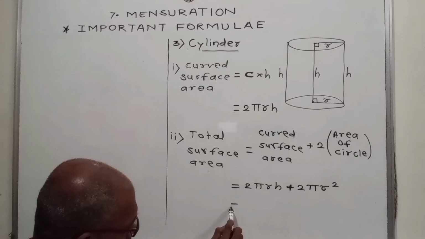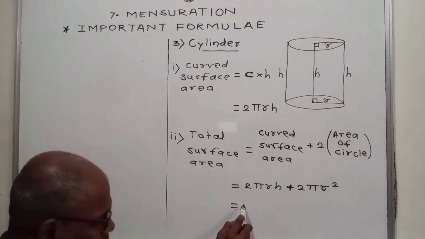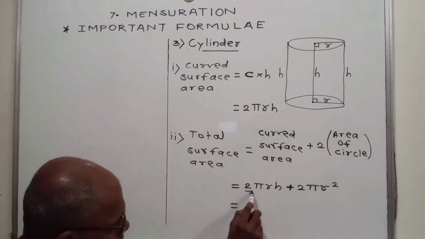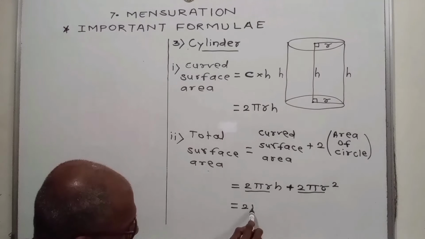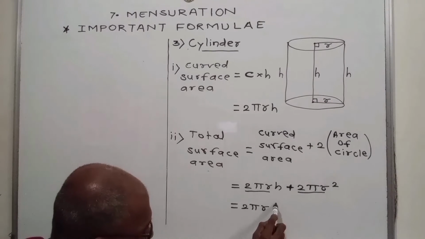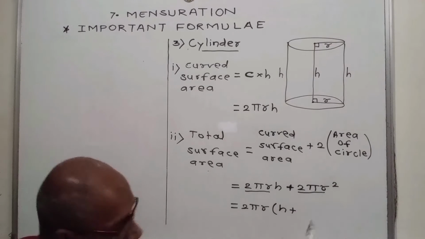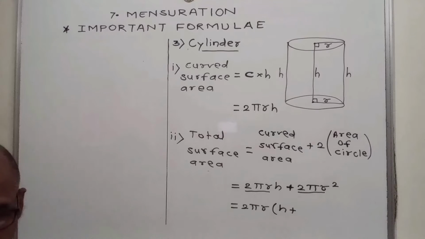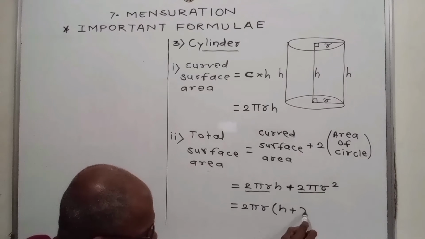Now here our actual formula. When we solve examples, then we write only this formula. We take 2 pi r common. Then what is left here? h. And here r square, no? And 1 we take outside, then remaining here.